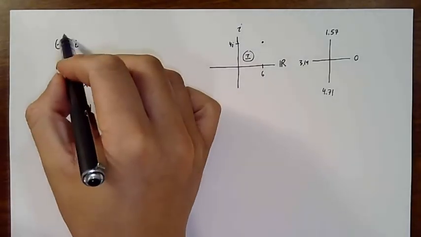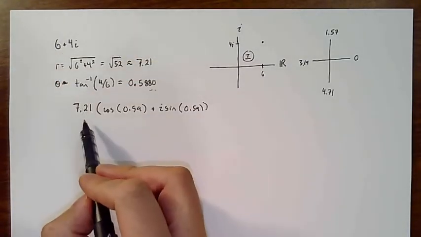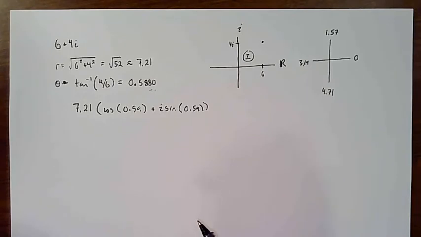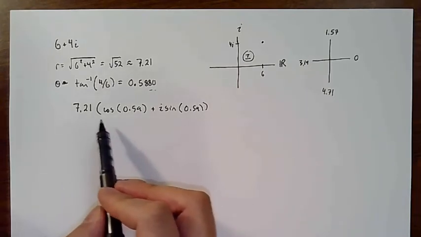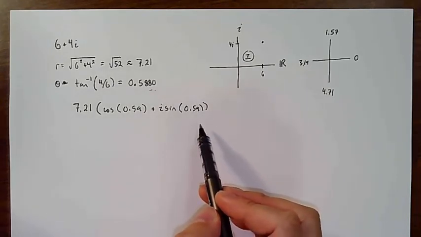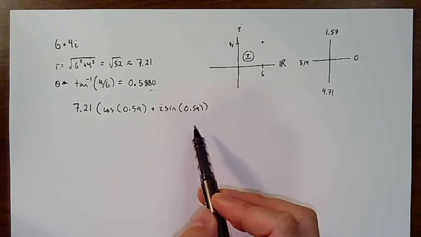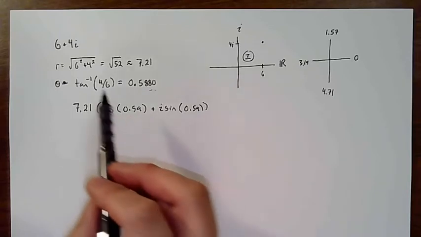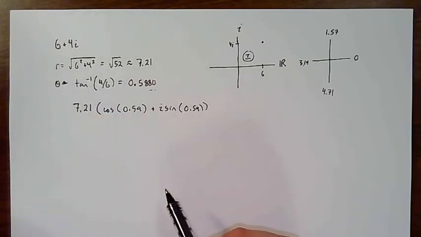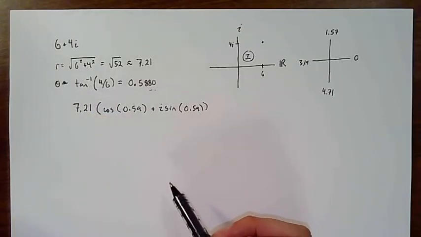So this original value in standard form is now in trigonometric form. And if you are suspicious about this, I encourage you to type this into your calculator and see what happens. It comes out surprisingly accurate. There is a little rounding error, but you'll see that it's basically 6 plus 4i. Just make sure that your calculator is in radian mode.